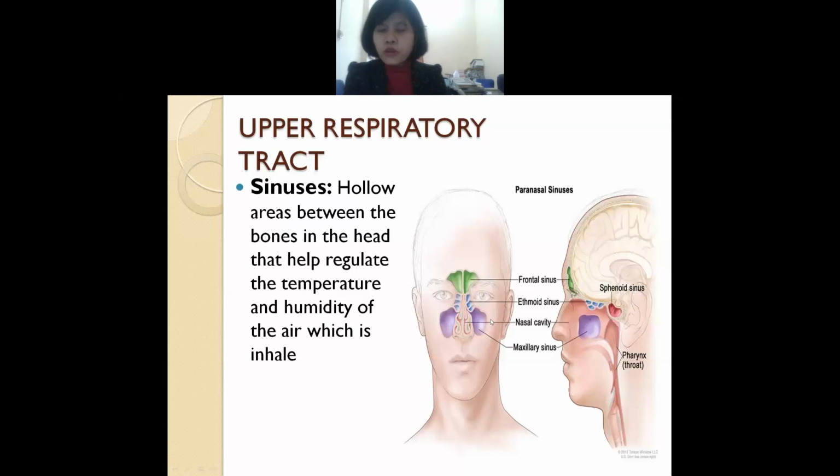If the air is too hot or too cold, all the sinuses help in balancing or maintaining the temperature so that you will be able to adapt to that temperature. Is it clear?